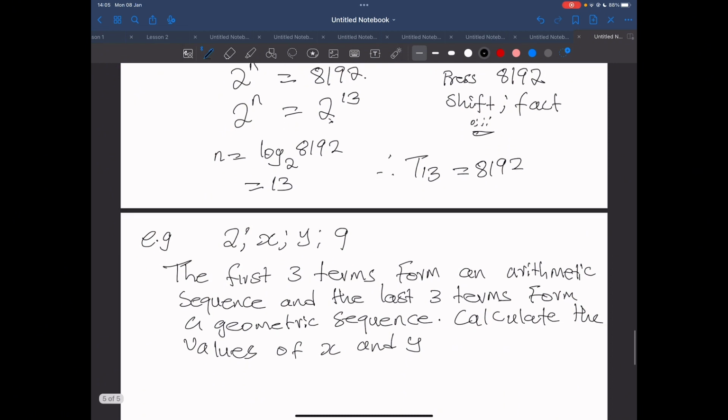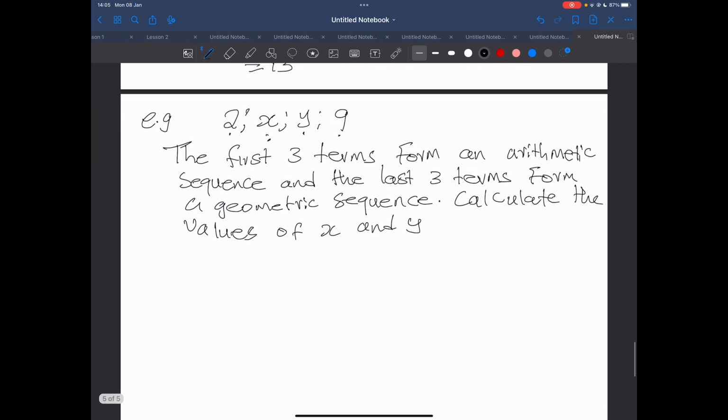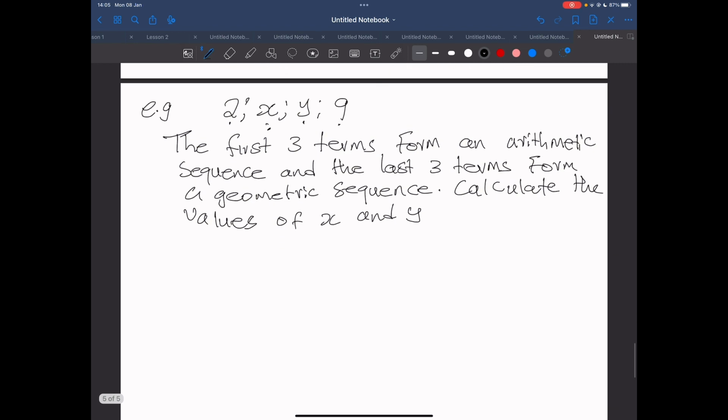Right, let's look at this scenario here. We have two sequences. They're saying the first three terms, in other words 2, x and y, form an arithmetic sequence, while the last three terms, meaning the x, the y, and the 9, form a geometric sequence. So we want to know the values of x and y. Now, it is better to write this separately.